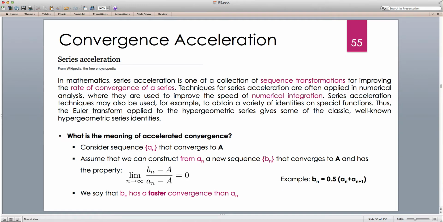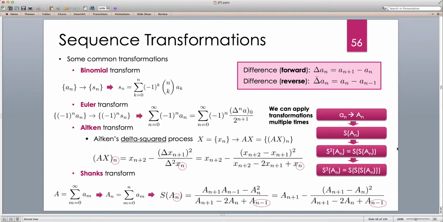And the idea was that we start with the sequence an and create a new sequence bn from the terms of an, such that the limit of bn minus a over an minus a when n goes to infinity is 0. Now the assumption is that the sequence b also converges to the same number as a. That's the prerequisite. And then if this limit is 0, this means that bn, the sequence b, has a faster convergence than a.